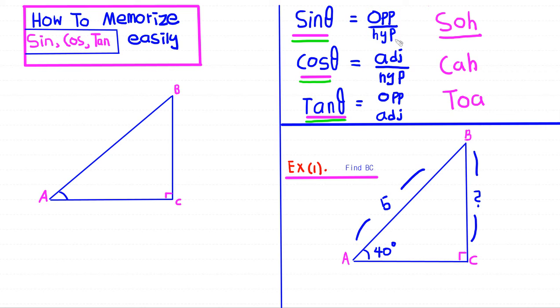Let me fix this a little bit. Okay, so the second tip, the way that I prefer, is defining sine, cosine, and tangent using their first letters.